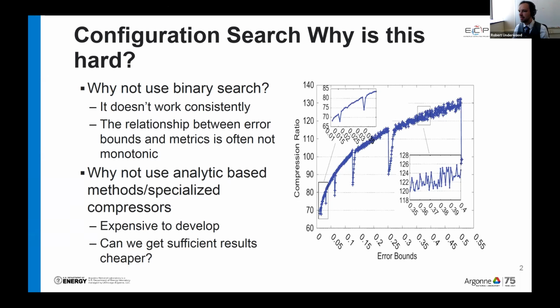So things like binary search that you might expect would work don't necessarily work because the relationship isn't monotonic. And if we want to use analytic-based methods or specialized compressors, these techniques can either be expensive to develop, requiring a lot of expertise to use correctly. And our question for this work is really, can we get sufficient results with a cheaper development effort? Next slide, please.